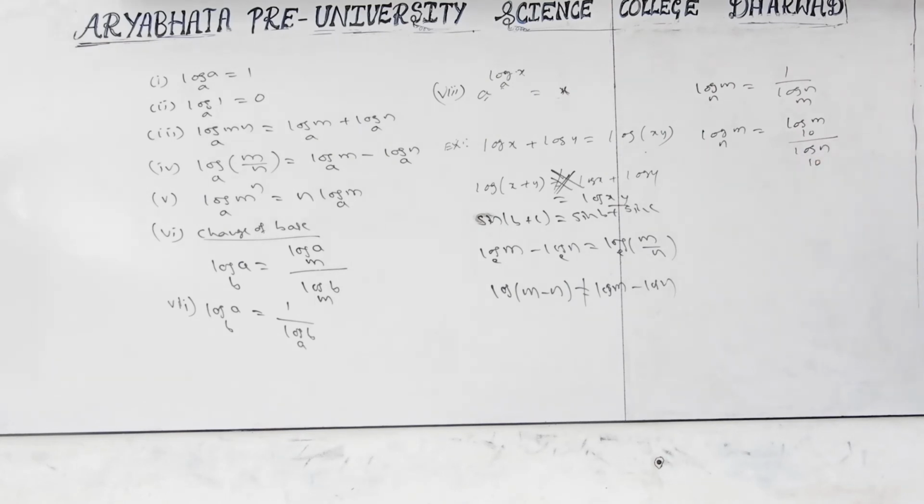Correct? Yes, by change of base. This is equal, can I write like this, log of m base 1 by log of n base 1? Yes. Log of m base x by log of n base x. Yes, these all are equal. This is called change of base. Okay.